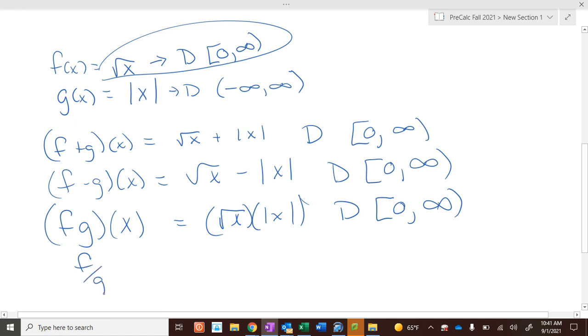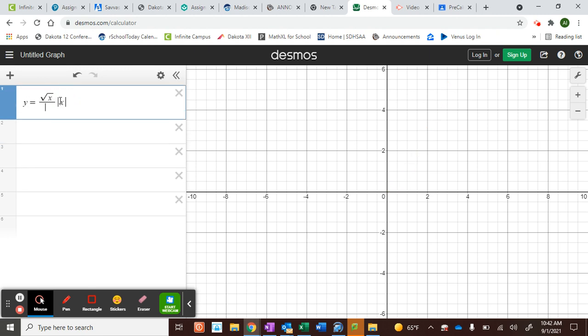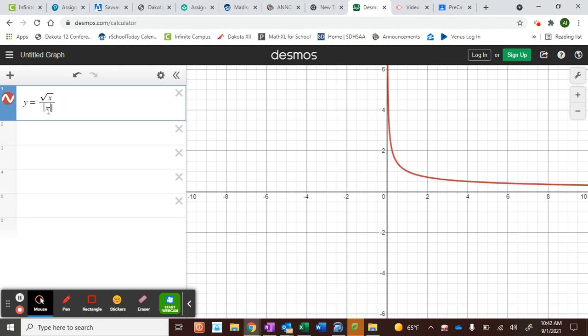Where it gets complicated is f over g of x. So we have the square root of x over the absolute value of x. If we look at this one on Desmos, because it'll help if we look at the graph, it'll look like that.